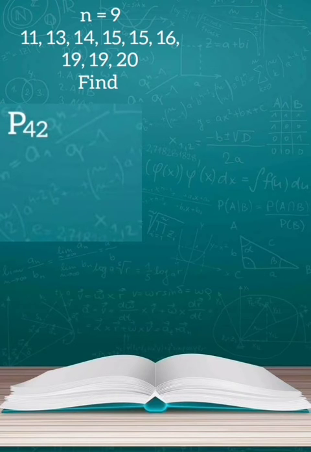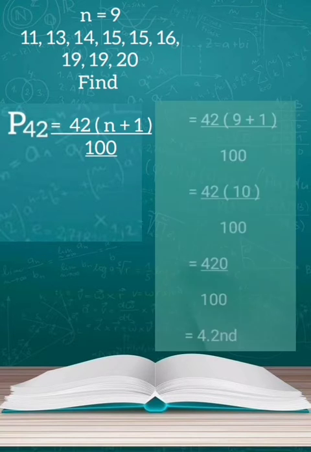42nd percentile is equal to 42 multiplied by the quantity n plus 1 all over 100, is equal to 42 multiplied by 9 plus 1 all over 100, is equal to 42 multiplied by 10 all over 100, is equal to 420 divided by 100, is equal to 4.2.